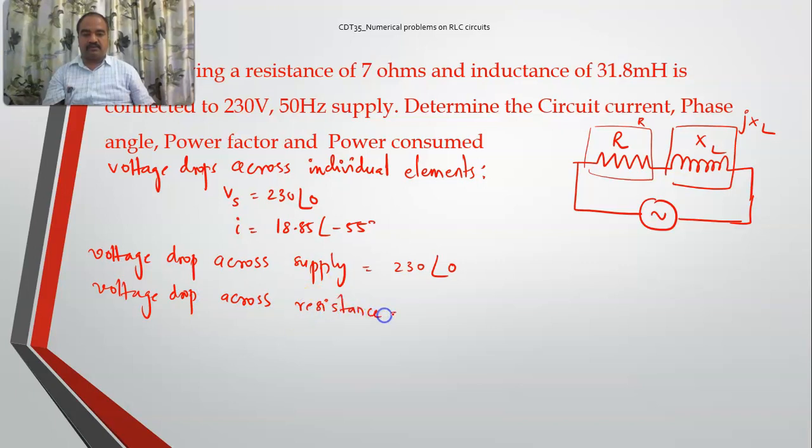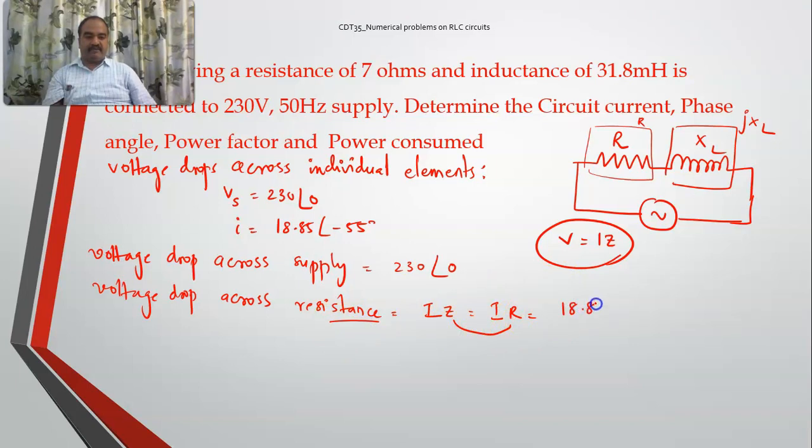Across resistance, it is I into Z, where in this case my impedance is only R. Do remember, voltage is equal to I into Z. The I value is 18.85 at an angle of minus 55, into the resistance value, which is 7 and its angle is 0.